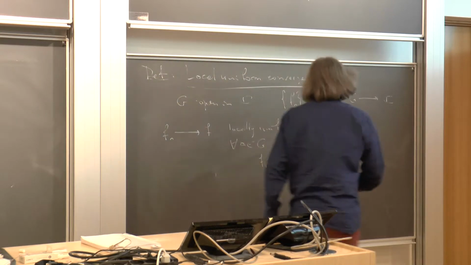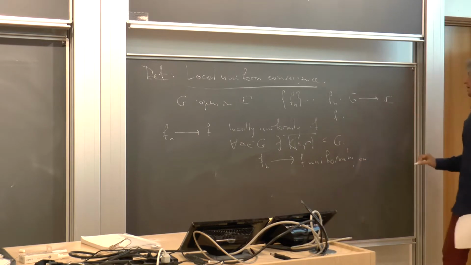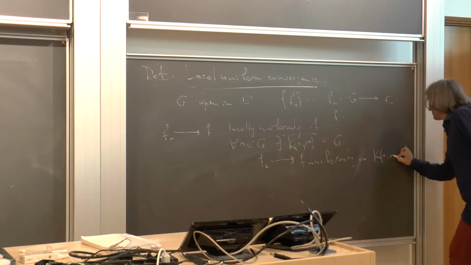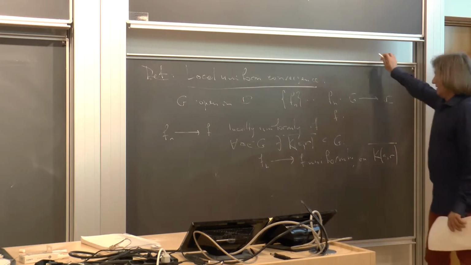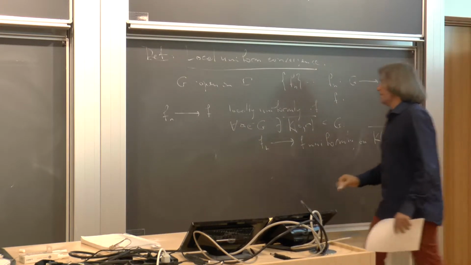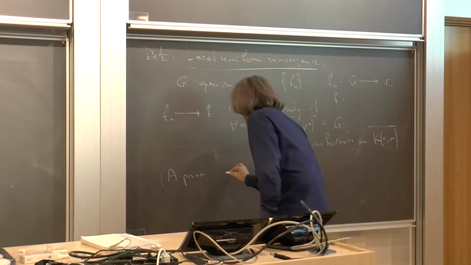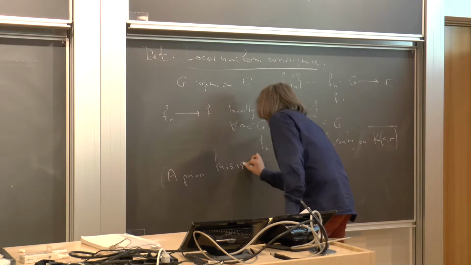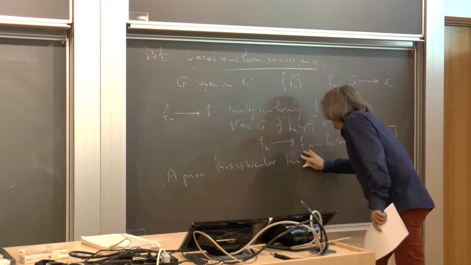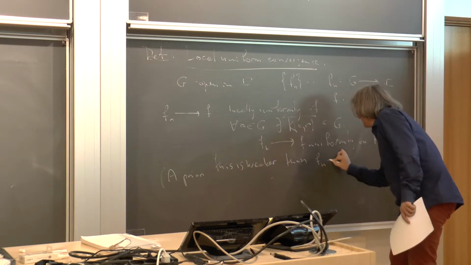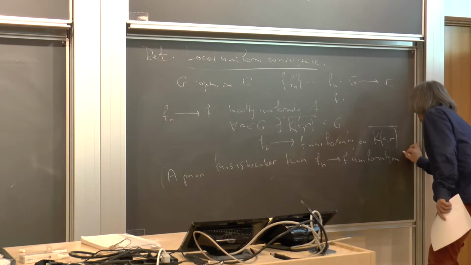Converges to F uniformly on this closed disk. Okay, so of course this is, a priori, weaker than F_n converges to F uniformly on the whole G.